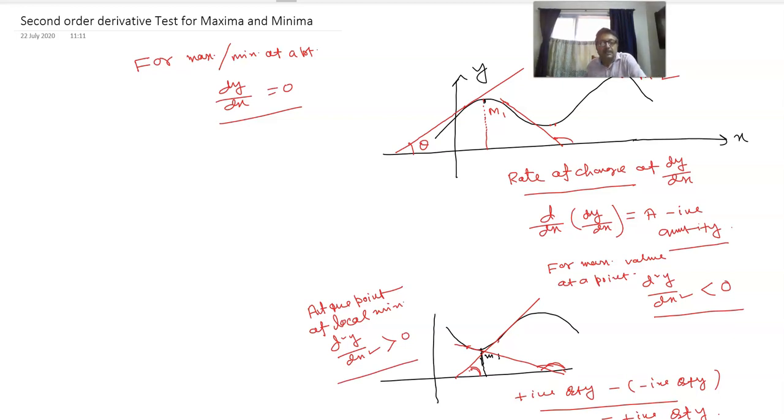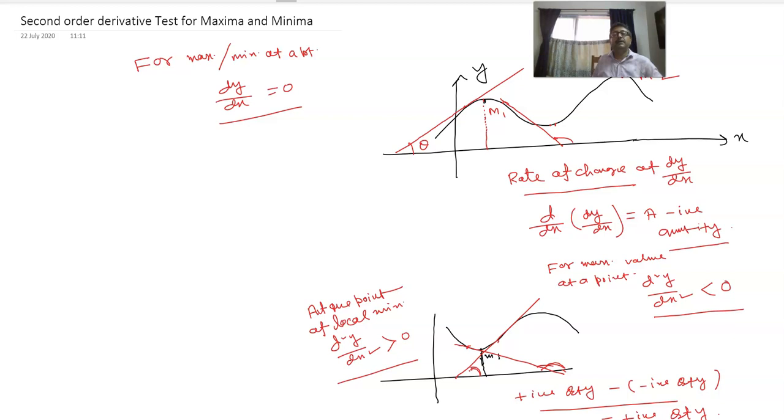If there is a minimum value at a point, then the second order derivative at that point will have positive value. For local minima, this will have positive value. For local maxima, d square y by dx square will have negative value. Local maxima, it has negative value. Local minima, it has positive value.